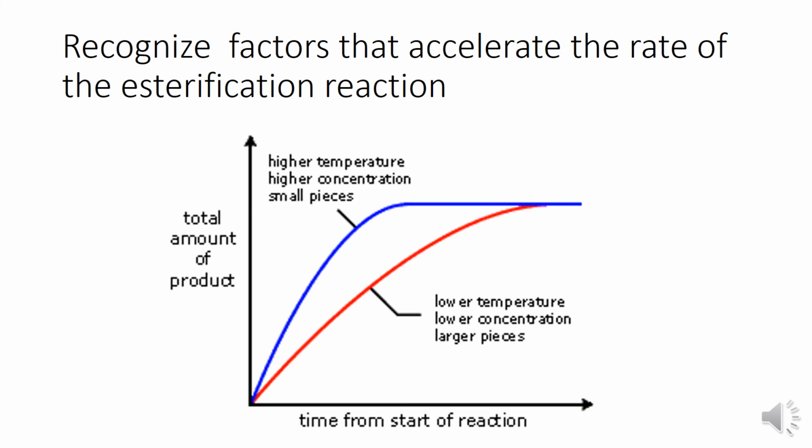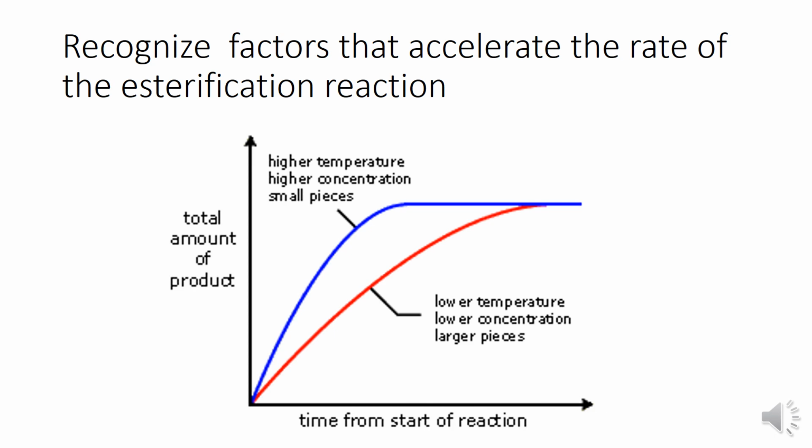Recognize this graph well. This graph shows how the temperature makes the reaction move faster. Here you have two curves, the red curve and the blue curve. Both of them reach the same number of moles of the product, let's say of ester. But the red curve is at a lower temperature than the blue curve.